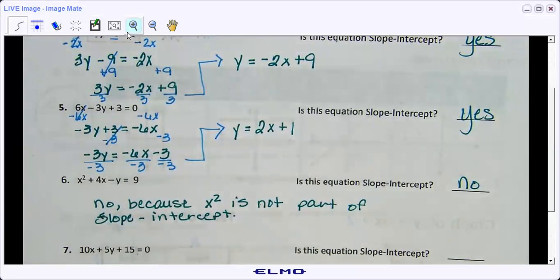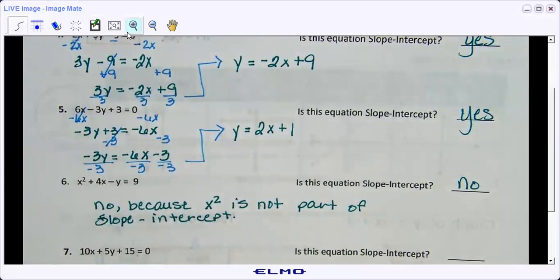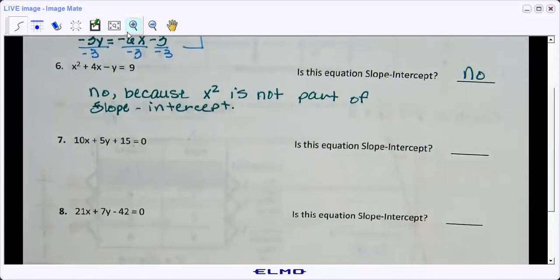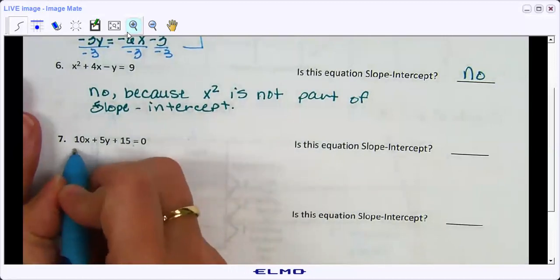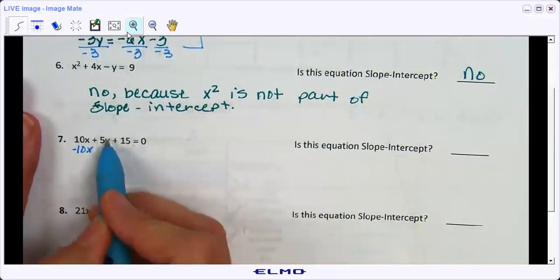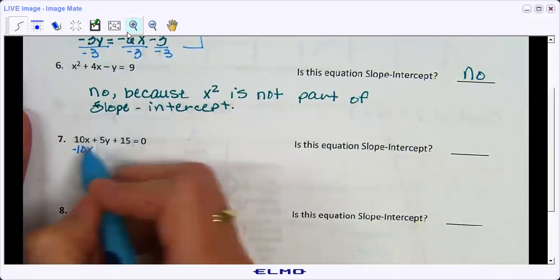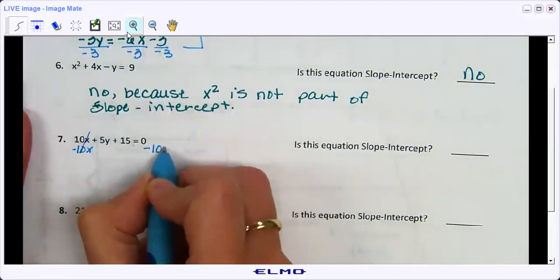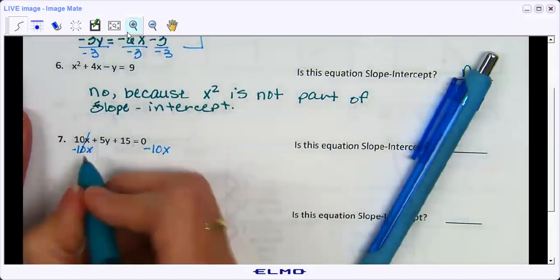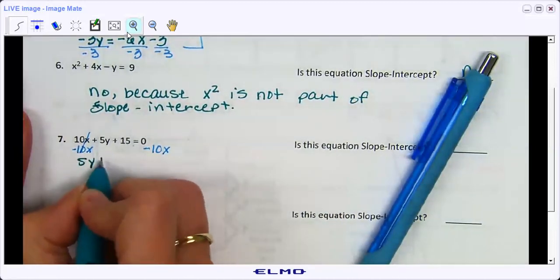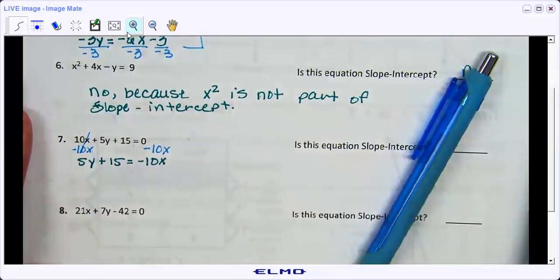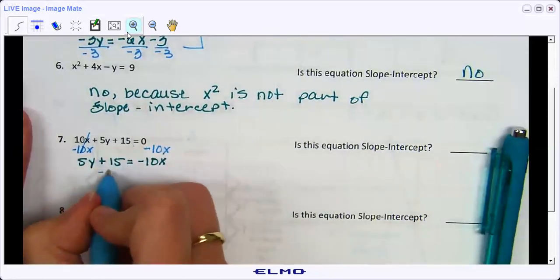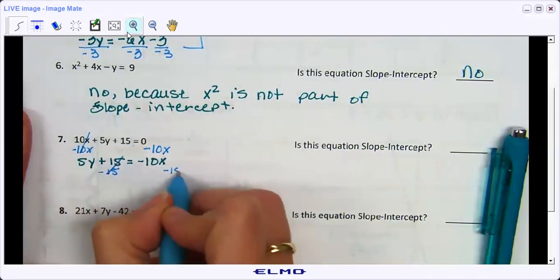Let's go ahead and do 7 together, and then I'm going to have you do 8 on your own. So we need to get this into slope-intercept form. I am going to subtract 10x on both sides because I need to isolate this y and get it by itself. So we have 5y plus 15 equals negative 10x. Next, we subtract 15 on both sides.